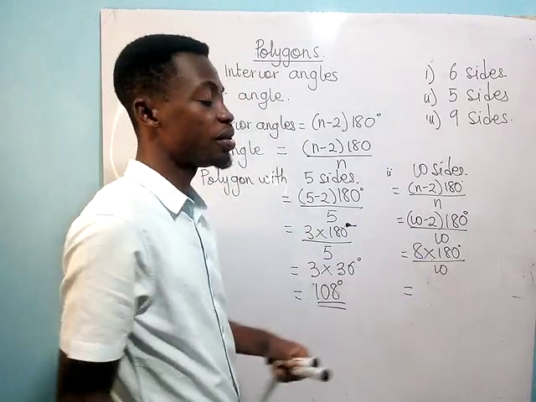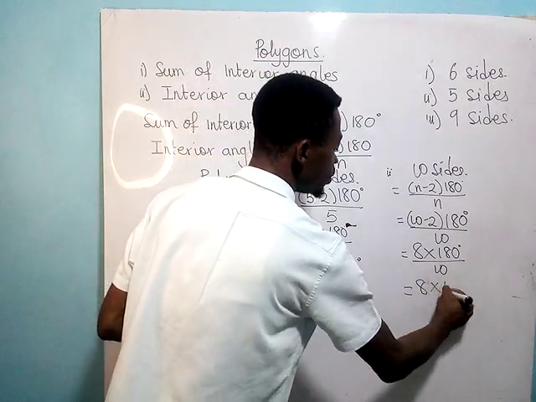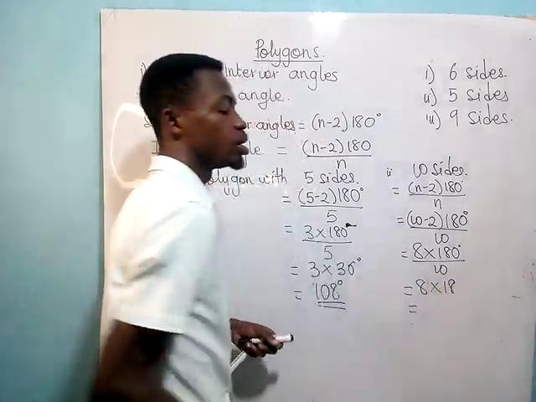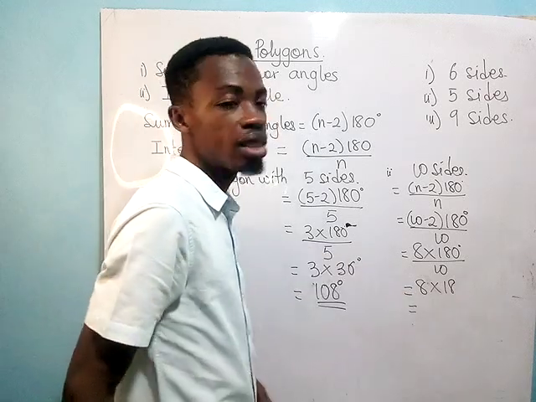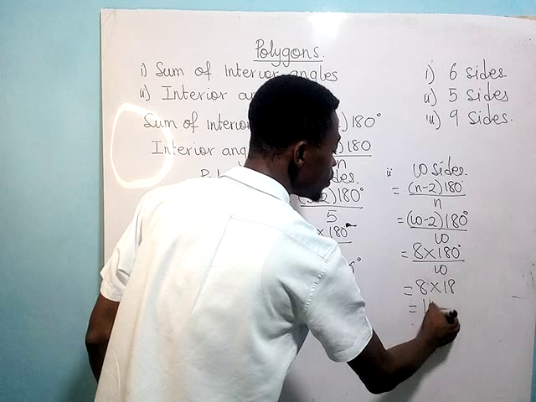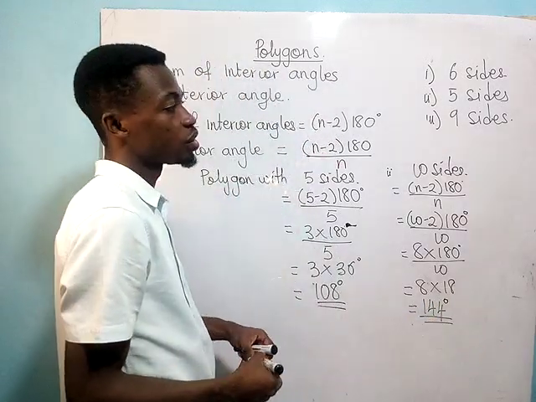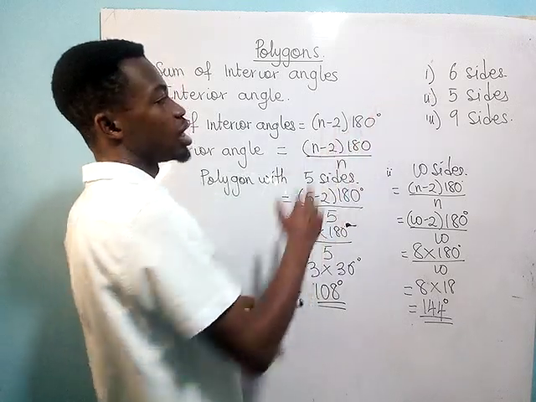Then 180 divided by 10 is 18. So we have 8 times 18. Then 8 times 10 is 80, 8 times 8 is 64. So we have 144 degrees.